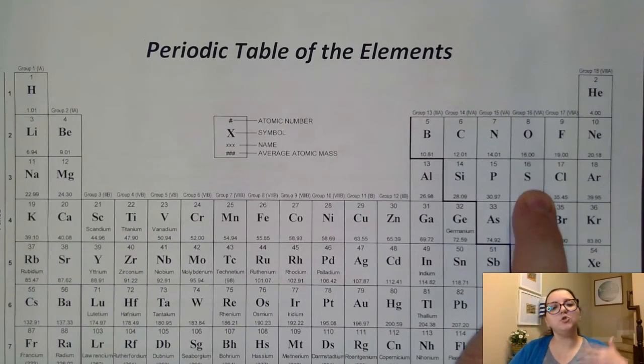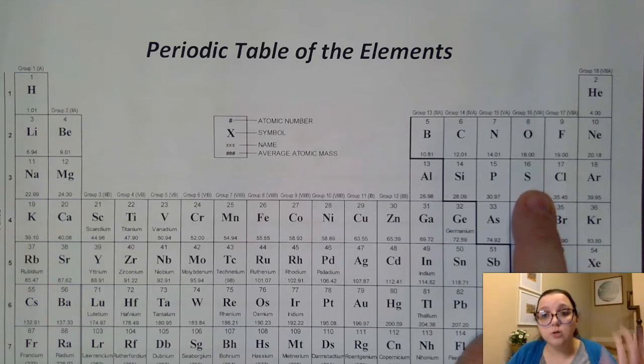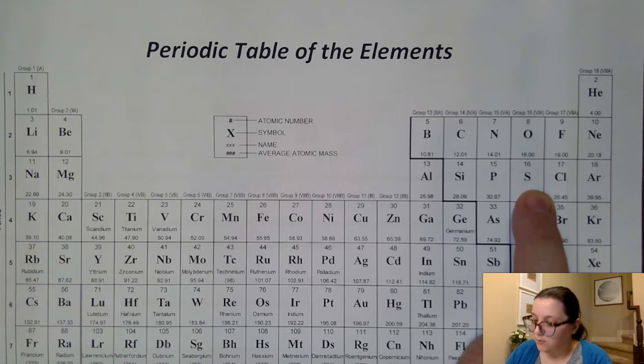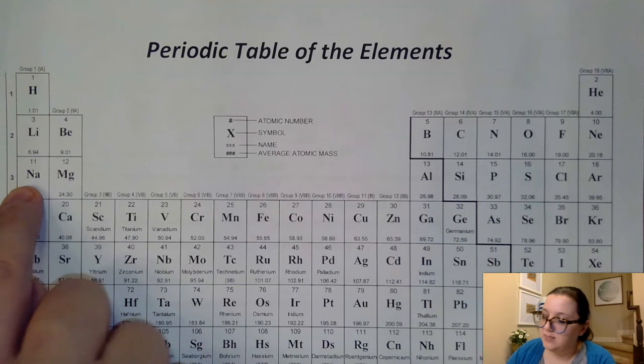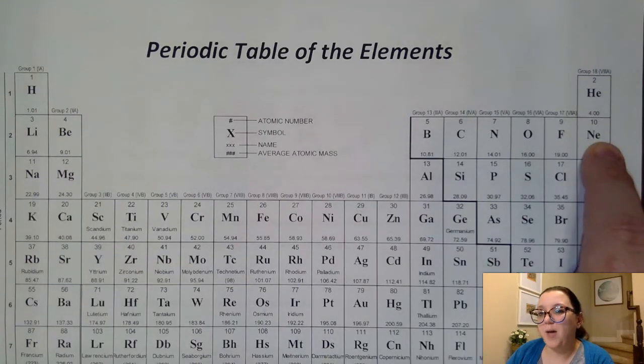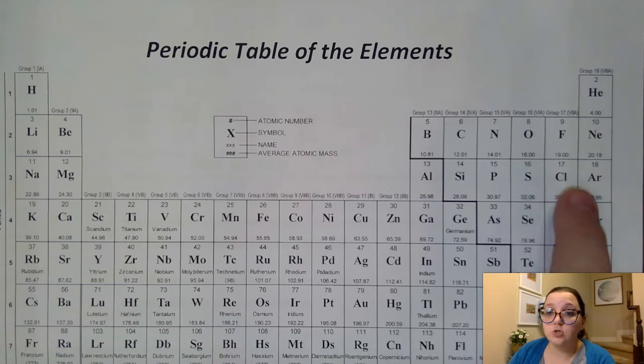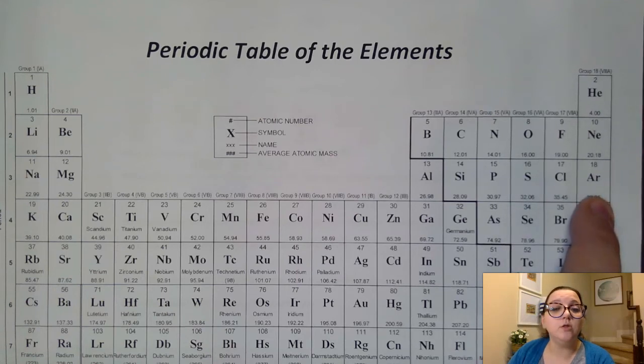And if I am trying to predict the charge of an ion, if it's not one that they've already told me, then more than likely it's going to want to do its best to look like a noble gas. Well, let's think about the two things that sulfur could do. Sulfur could either try and lose 1, 2, 3, 4, 5, 6 electrons and go back and look like neon, or it could try and gain 2 electrons and go forward and look like argon.